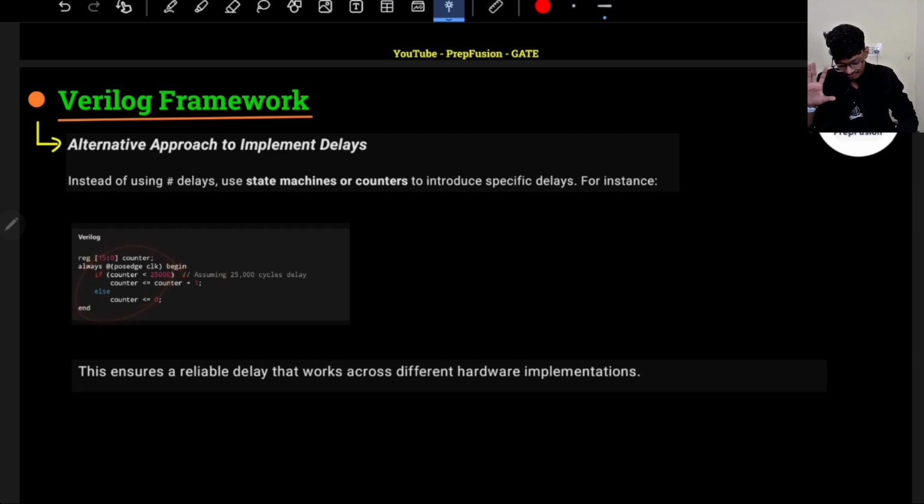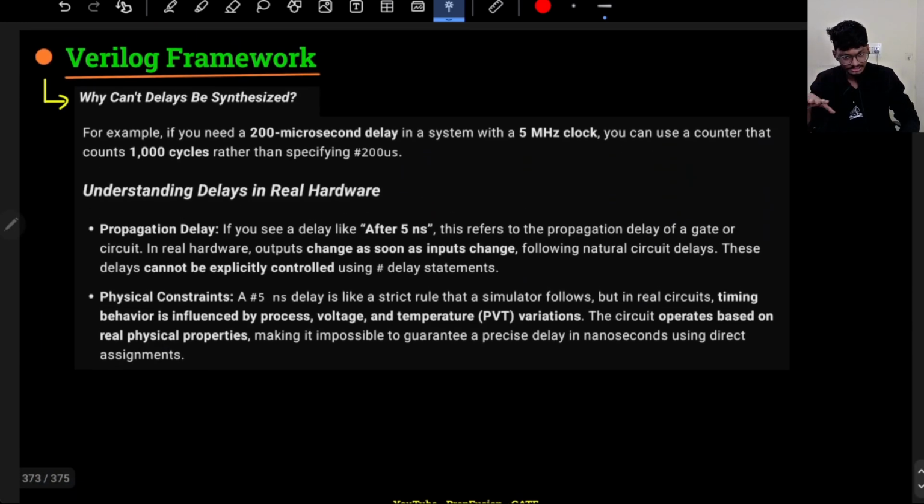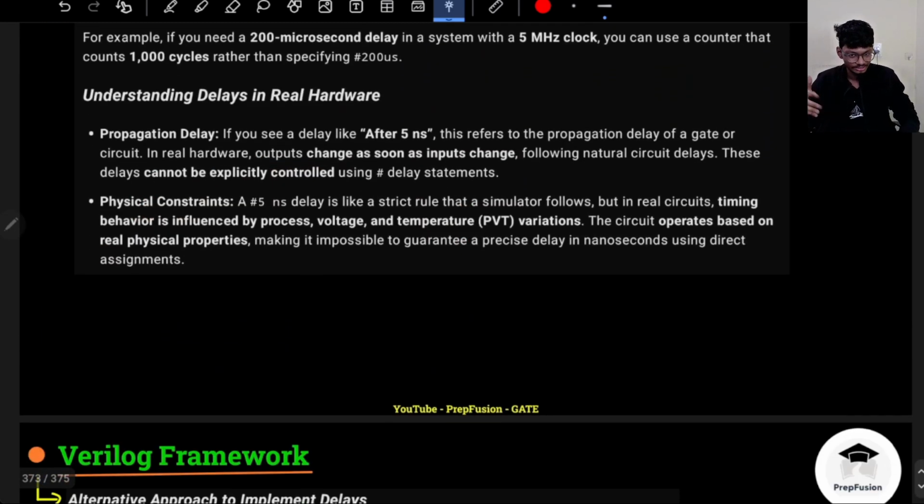So this if else is a very basic thing. I will keep increasing my counter value, the counter will count till 25,000, and once it reaches that, I will stop. Then I will do something after it, which gives this much of a delay, right? I hope you have understood how we can implement delays in real hardware. You can go through this.